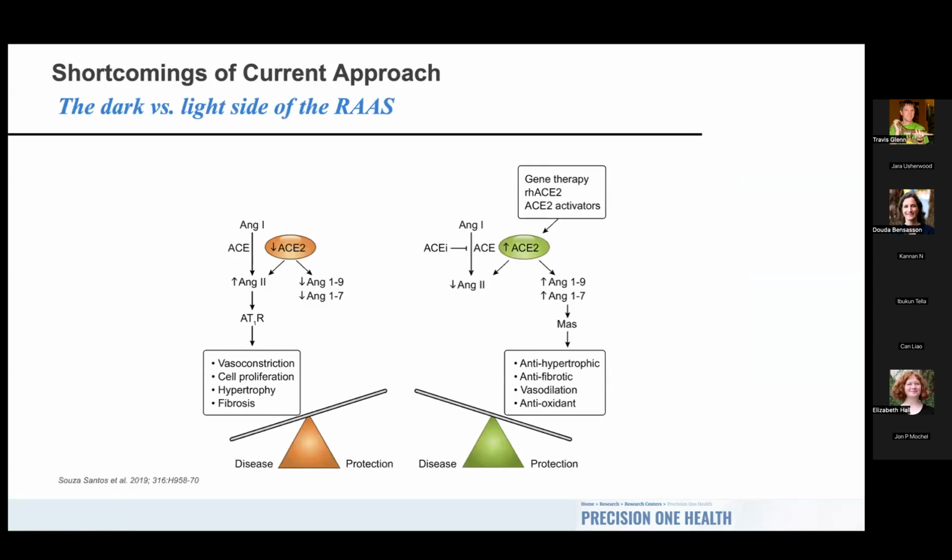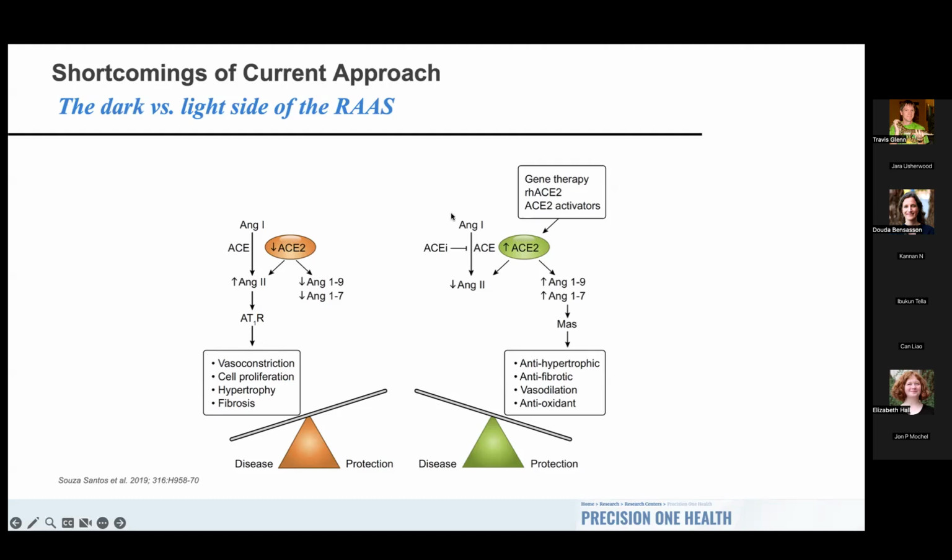So what we know now is that there are multiple pathways of the RAS, and we typically use that classification between the conventional axis of the RAS, which revolves around angiotensin 2 here, which we discussed earlier, and that is linked to a series of negative effects, such as vasoconstriction, hypertrophy of the heart, fibrosis, and so forth.